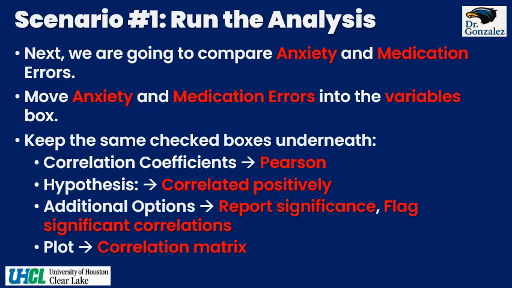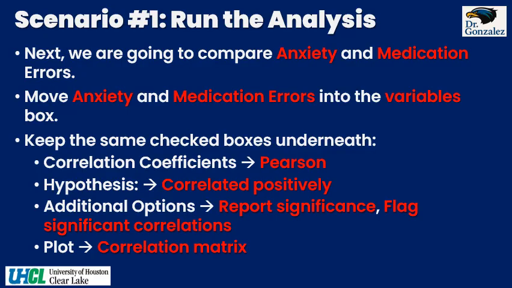I want you to keep the same checked boxes underneath, because for that second hypothesis, we said it was also positive. We were hypothesizing that if there is a relationship, it is going to be a positive correlation. So keep your hypothesis correlated positively. Make sure your correlation coefficient is still Pearson. Make sure your additional options are report significance and flag significant correlations, and then make sure you plot your correlation matrix.